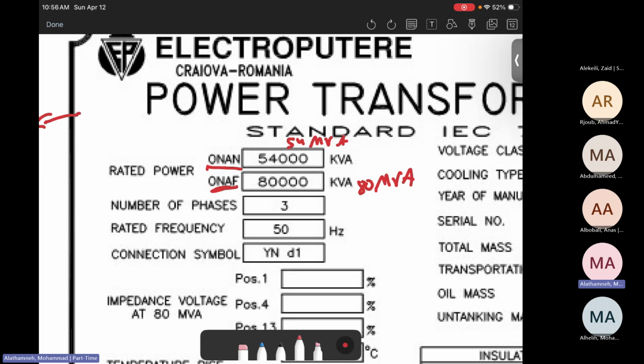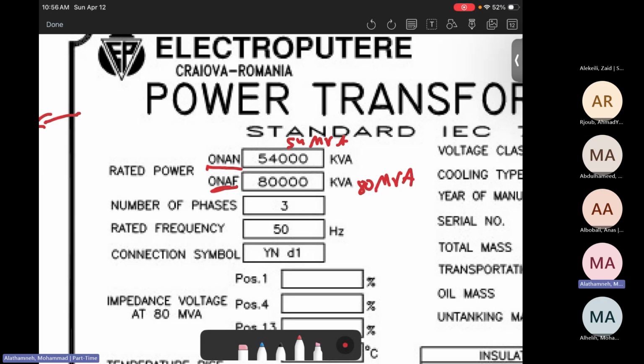However, when you turn on the fans, the temperature is reduced. Then we have more room, so we can increase the power to 80 megavolt ampere, so it can handle higher currents. So ONAN and ONAF.